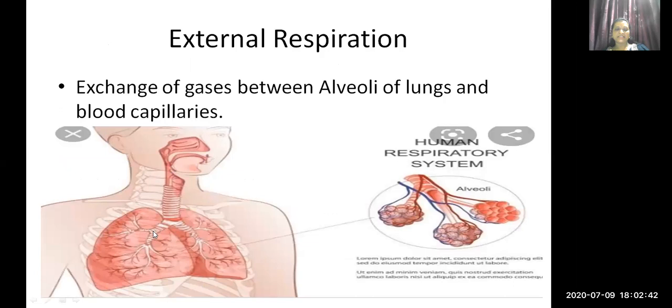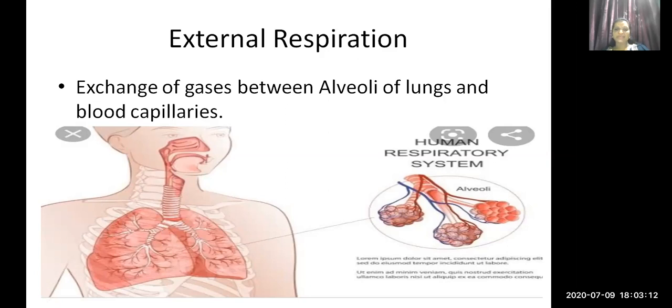Then inside the lungs, there is the bronchial tree, in which the trachea in the middle of the chest cavity divides into primary and secondary bronchi. Then secondary bronchi further divide and give rise to tertiary bronchi.